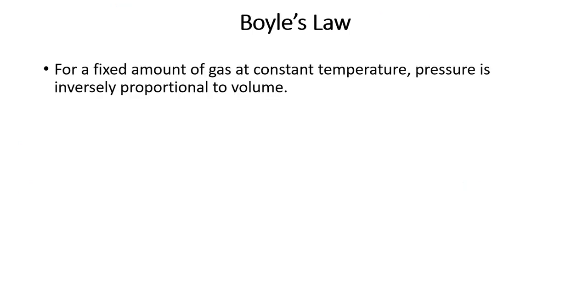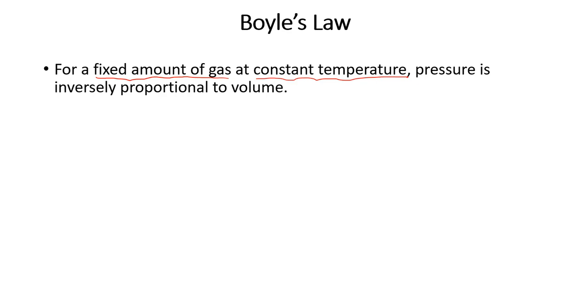Now, what are the gas laws? The first law we are going to talk about is called Boyle's law. This law says that for a fixed amount of gas, so for a specific mass of gas at constant temperature, pressure is inversely proportional to volume.